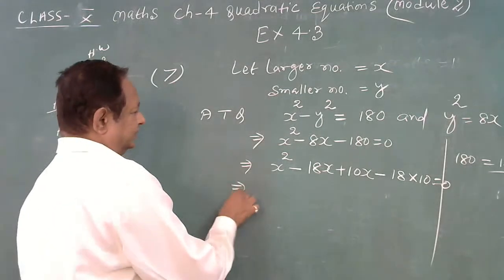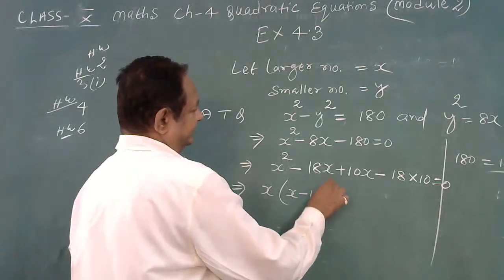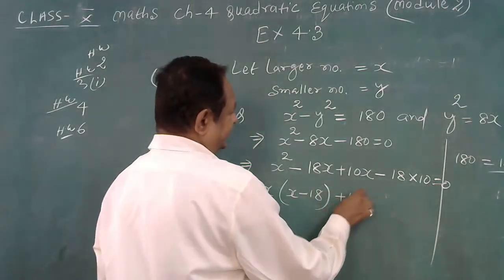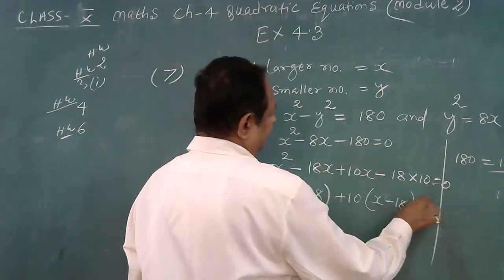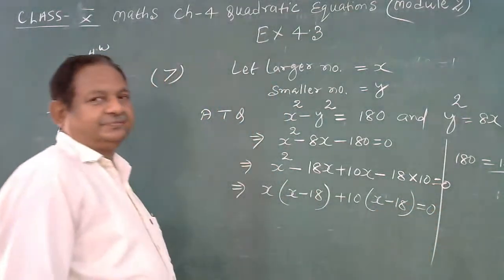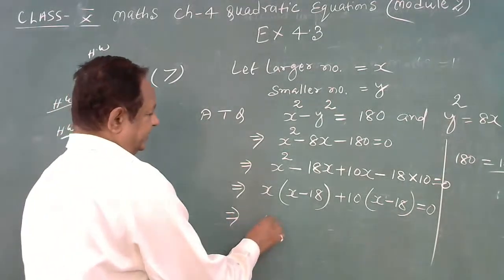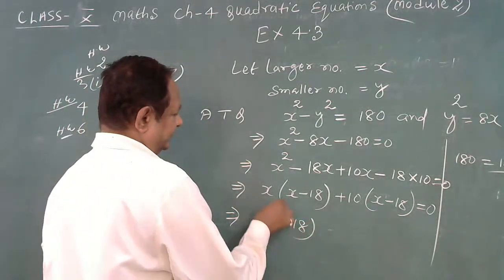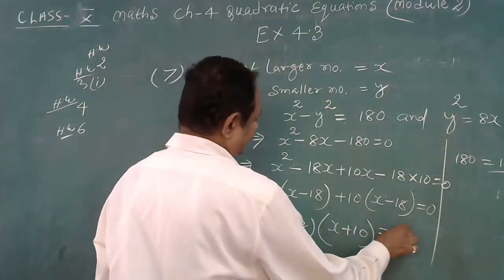Now take common. x is common, so x minus 18, plus 10 is common. x minus 18 is equal to 0. Again, x minus 18 common. x plus 10 is equal to 0.